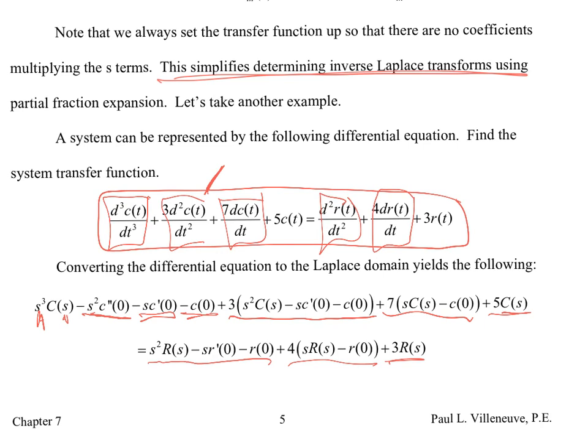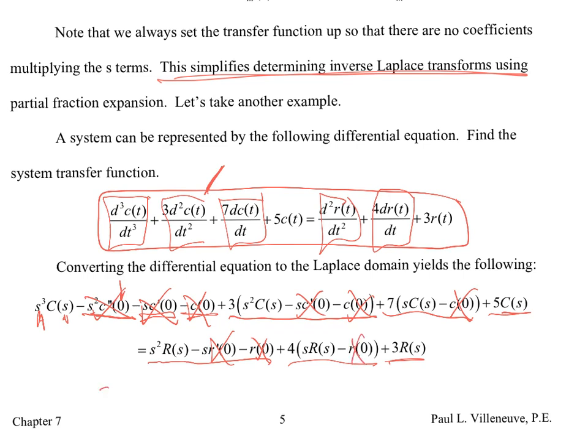So first thing I'm going to do, any initial conditions I throw away. Initial condition means if I evaluate at a term of 0 in there, that is some sort of initial condition. So bye-bye to all of them.